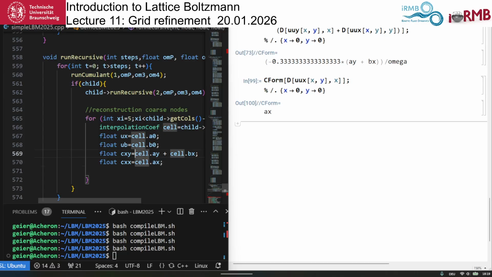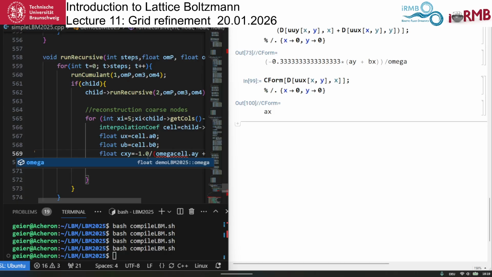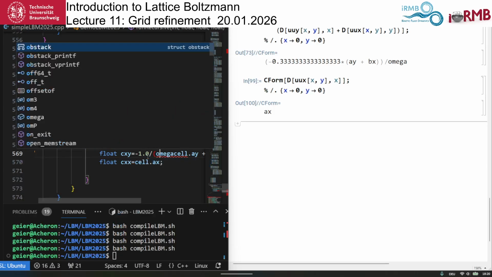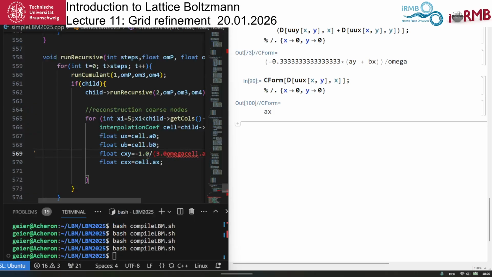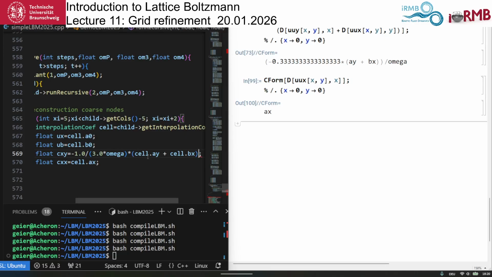So this means we'll have a minus 1 over omega, 3 times 1 over omega, times this, and this in brackets.